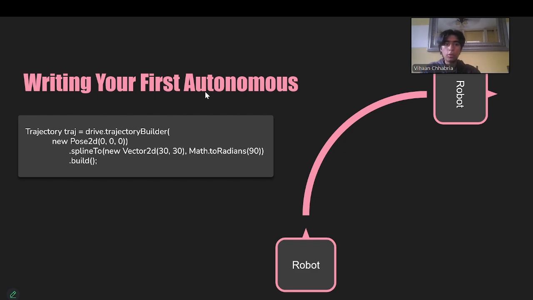Okay, so now we can go over some of the code of how we would use the spline trajectories or the strafing in our robot.